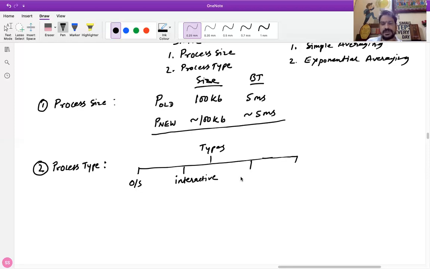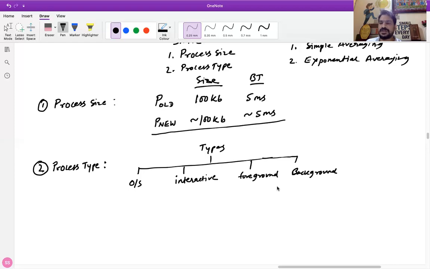Then we have foreground processes, which are running up front, and some processes running in the background, like your firewalls, antivirus functions, and different networking protocols.